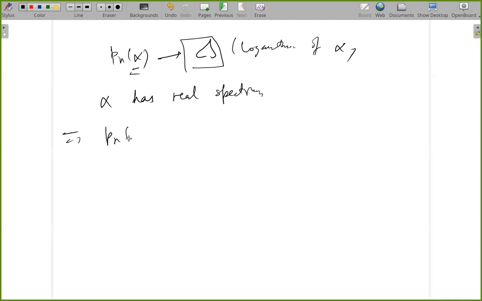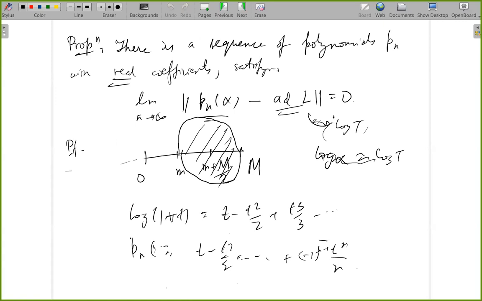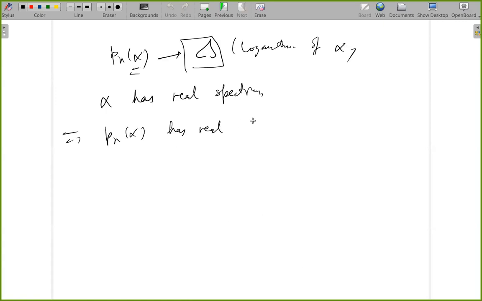So what can we say about Pn of alpha? Again, real spectrum, right? Because of the spectral mapping theorem. Here we use the fact that Pn has real coefficients. These coefficients were all real was used here. So Pn of alpha has real spectrum. Now again, using the same argument, we have this commuting family. Just look at the Banach algebra generated by this.